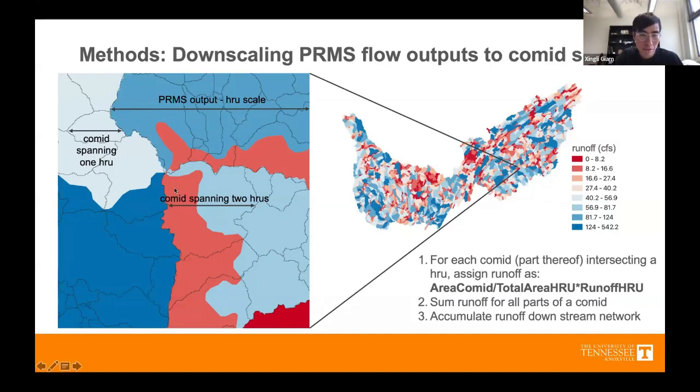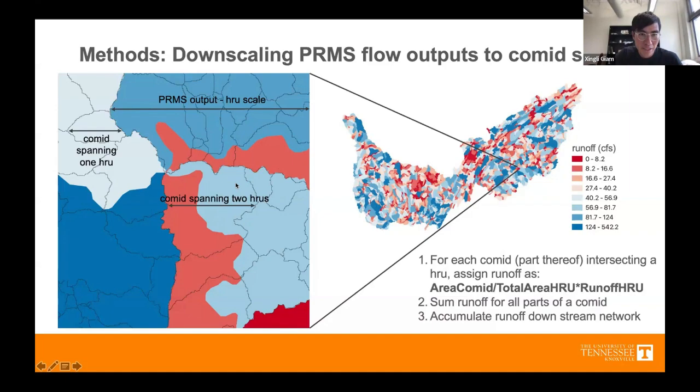If you look at this diagram, this is the Tennessee River Basin. All these different colors are hydrological response units that the PRMS flow outputs are in, so they're bigger. What we need is to downscale that PRMS data, and no one has done it before, because they haven't needed to work with fish people who needed data down to the COMID scale.